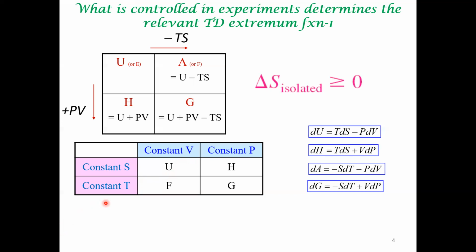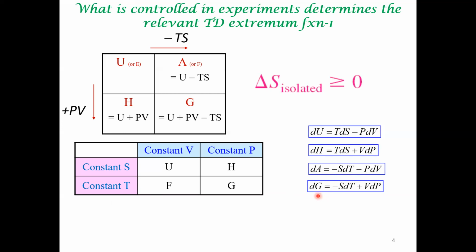Supposing you keep T and V constant, what do you see here? dT is 0 because T is held constant, dV is 0 because V is held constant. So for such an experiment, dA, changes in Helmholtz free energy to the first degree, should be 0 because dT and dV are 0.